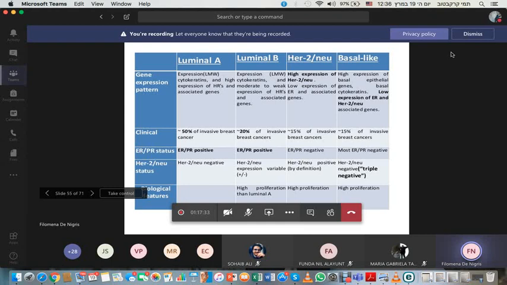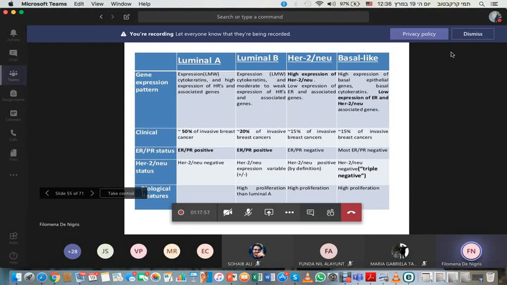So we have also another degree for breast cancer called basal-like tumor. This kind of tumor is negative for estrogen and progesterone, and also negative for HER2. They call it triple negative breast cancer. This tumor is very aggressive.